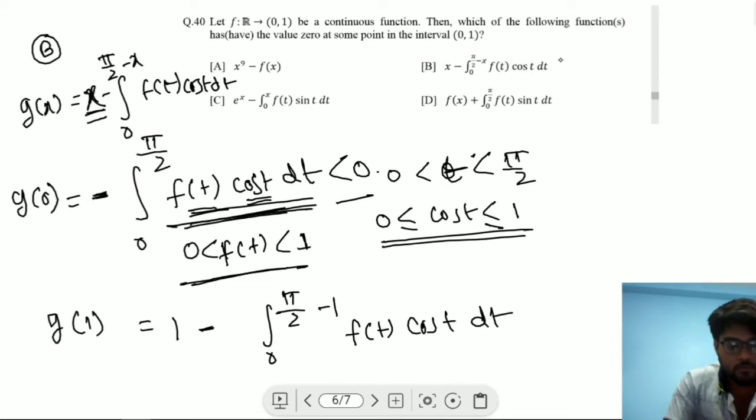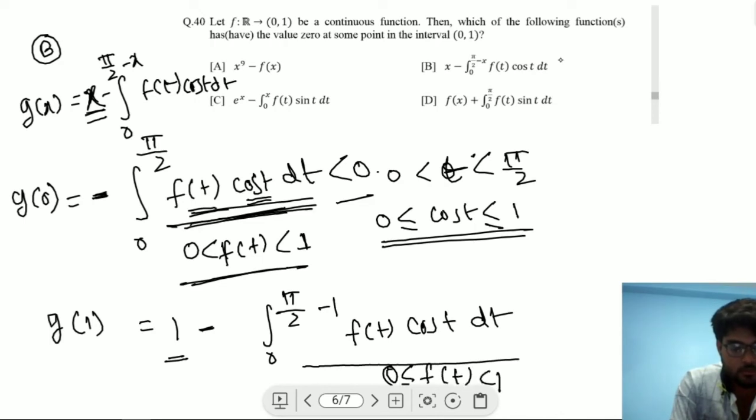Again, for this value, f(t) is from 0 to 1, and cos t is from 0 to 1.